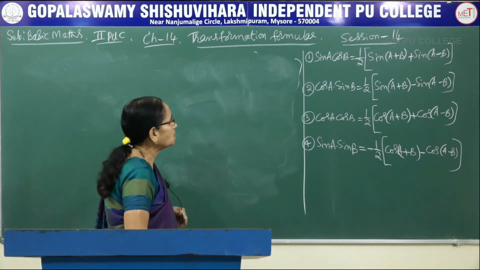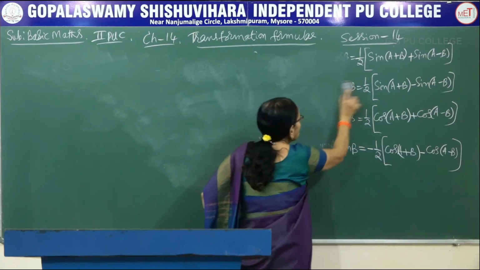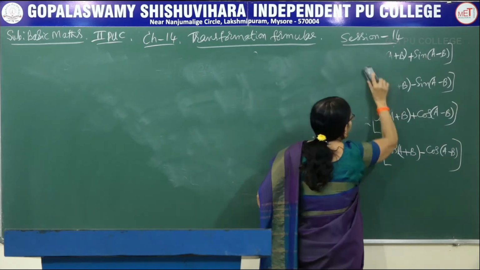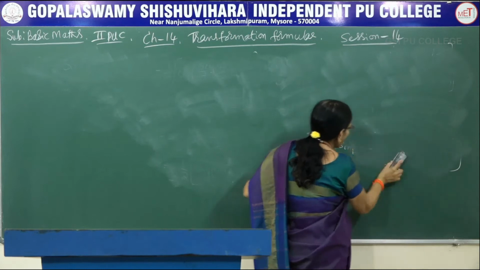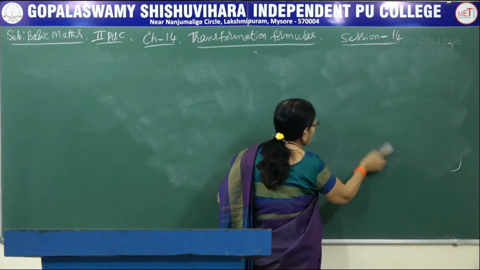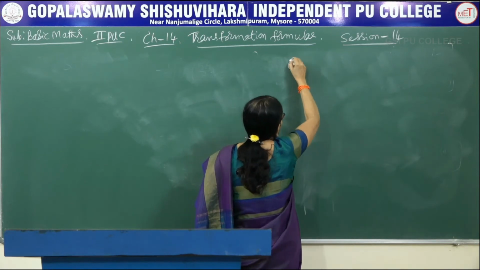Now we have the second set of formula. See, the first set of formula gives us the product in terms of the sum or the difference of the trigonometric function. What is the other form? Actually, we are having the formula 5.